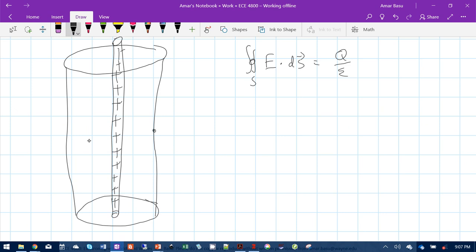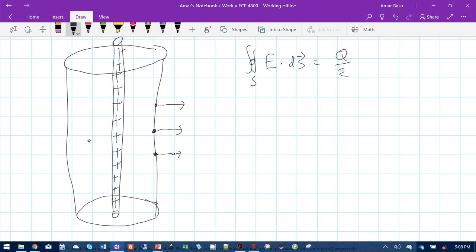If we're at some point here, what direction does the electric field point? Points away, like this. If we're here, the electric field line points like this. If we're here, the electric field line points like this. The electric field is actually the same everywhere along the surface. Do you see that? Because this is an infinitely long wire.